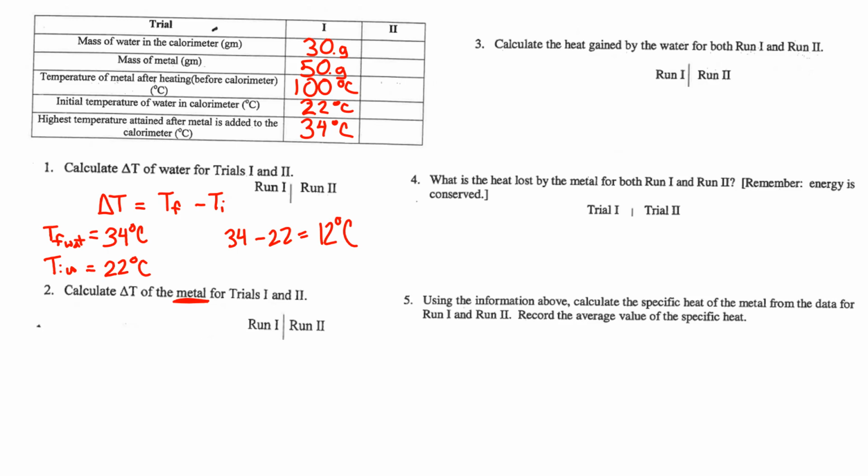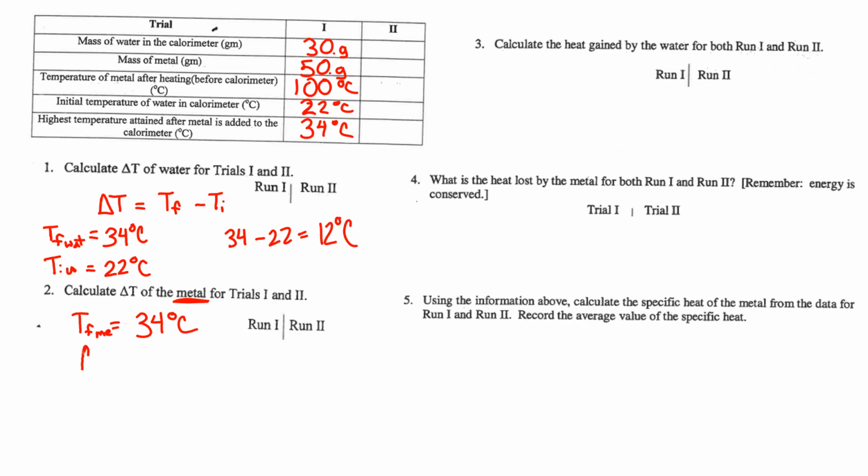Going through number 2, this one was for the metal. Now, understand that the metal is going to give us a negative delta T because the temperatures are backwards. So TF for the metal is actually 34 degrees Celsius because that's what it ended up at. It's going to end up at the same temperature as the water in the calorimeter. All right.